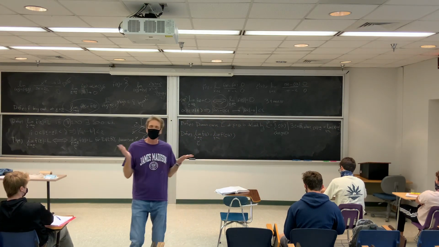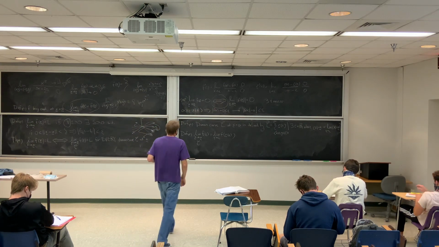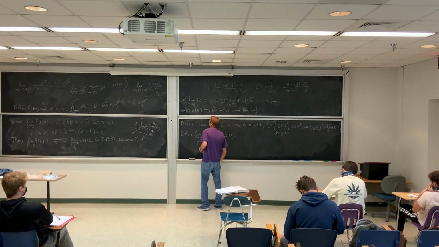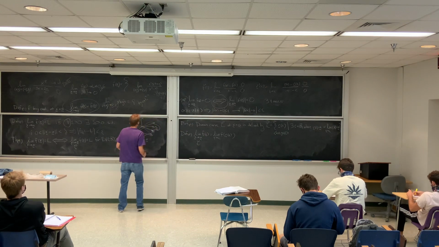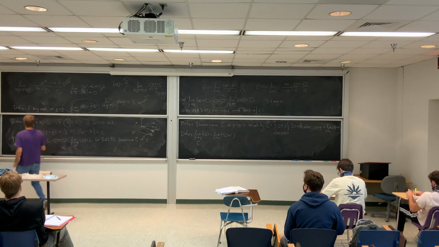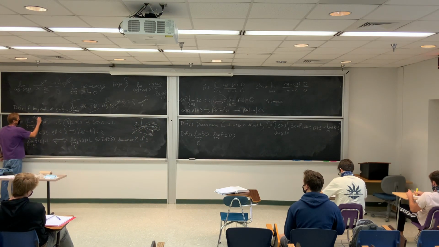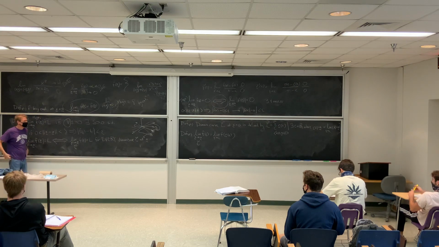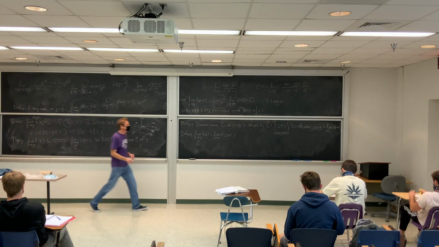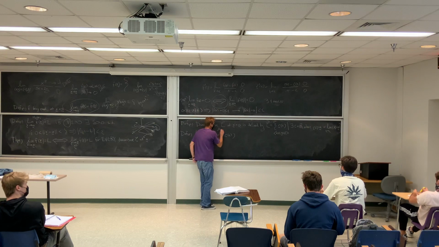You're like, Dr. Warren, why would I even care? Because when you see this, this is multidimensional. This is multidimensional. Delta epsilon. When you see this, it's math 235.